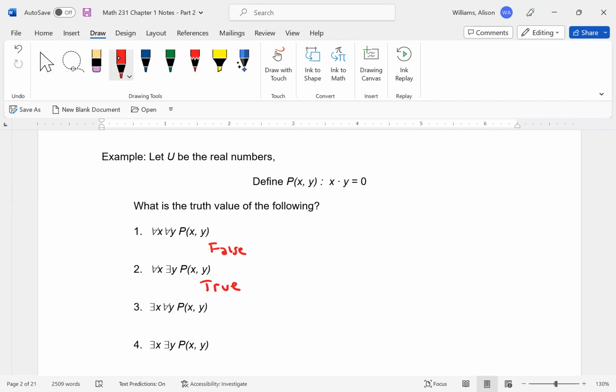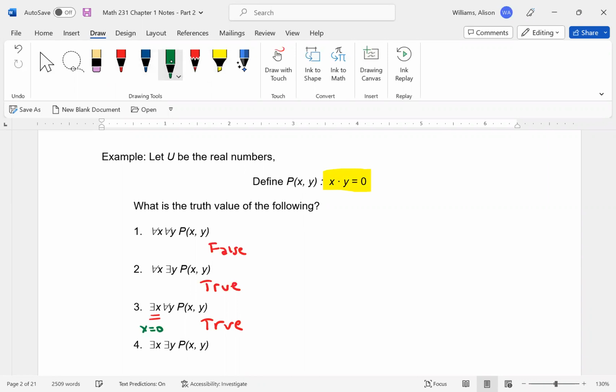Okay, this one, there exists an x. So now we're picking a specific x such that for all of the real numbers, P of xy equals 0. Well, yeah, this time we're making 0 be the first one. So yeah, this is true. This can happen. There is a special real number that makes this thing true. That special real number is x equals 0.